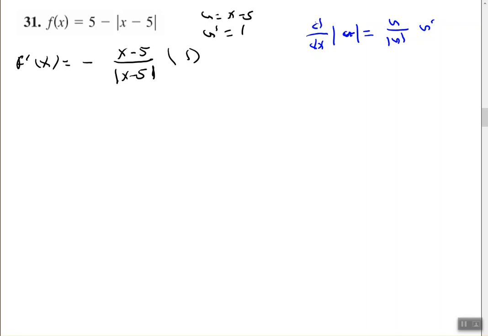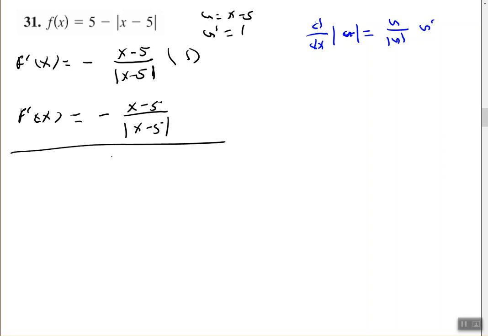Okay, so let's see here. So let's set this equal to 0 to find our critical value or values.